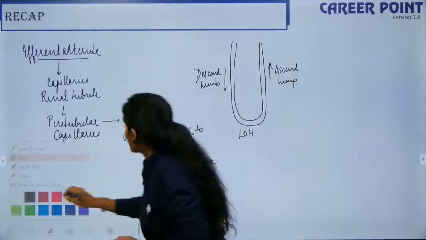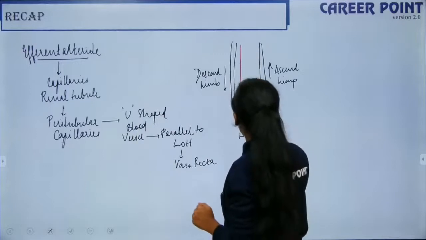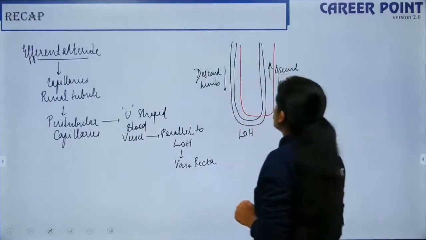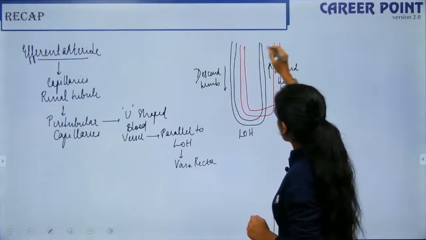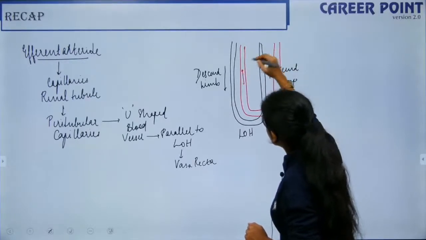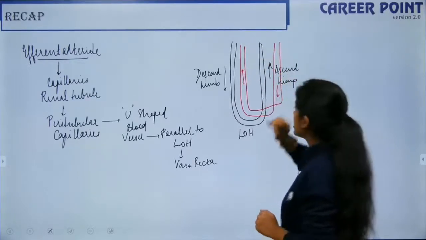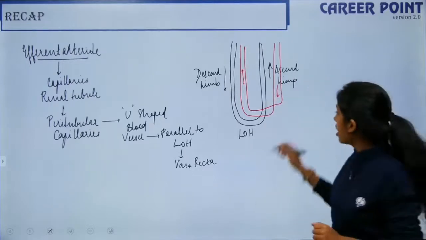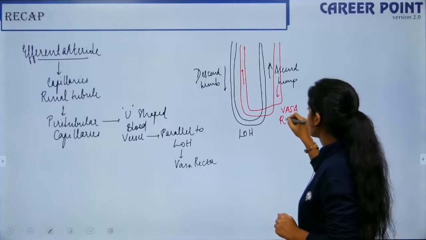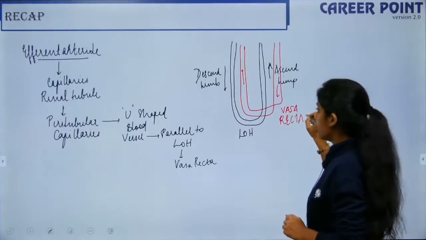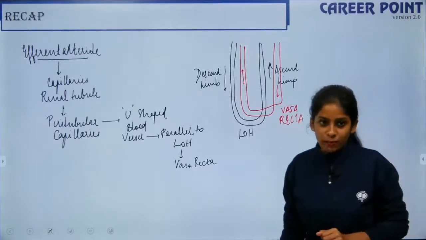Now my vasa recta is like this. In my vasa recta, here is the ascending limb and this is the descending limb. So this is the vasa recta. This is what we spoke about in the previous lecture.